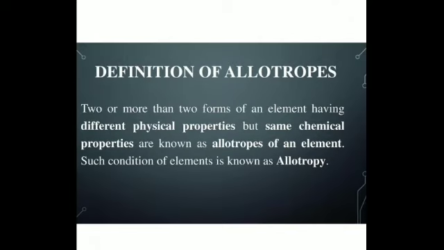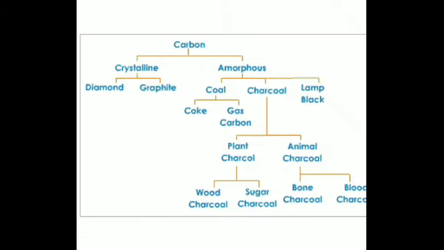We will discuss in this chapter the allotropes of carbon. The allotropes of carbon are of two types, that is the crystalline and non-crystalline or amorphous forms. You can see in this chart the carbon has two forms, crystalline and amorphous or non-crystalline.